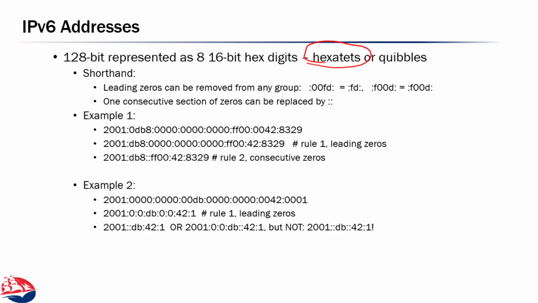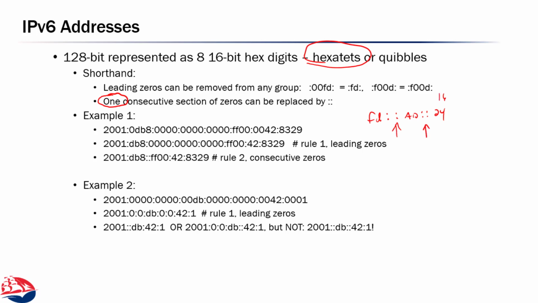But the trick about this is we can only do that rule once. If you think about it, let's say that I wrote this, FD : AD : 24. All right, so I have no idea how many zeros go in between here, right?